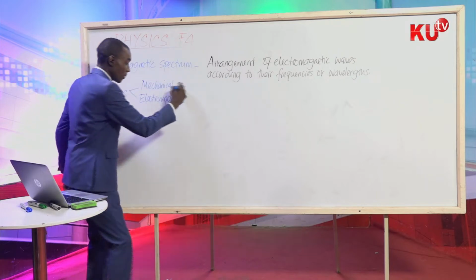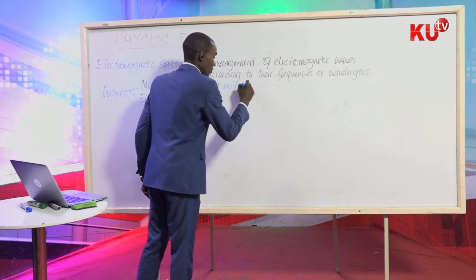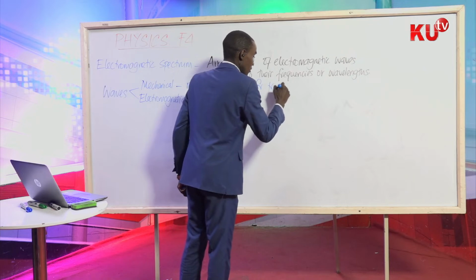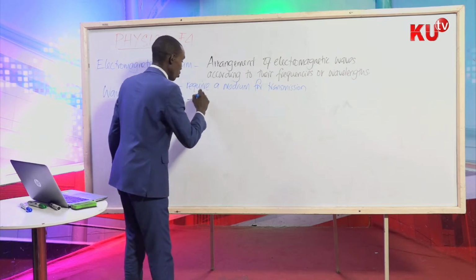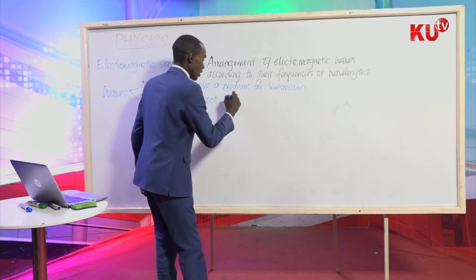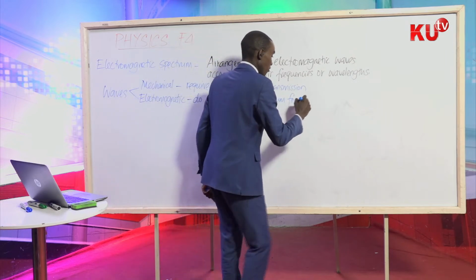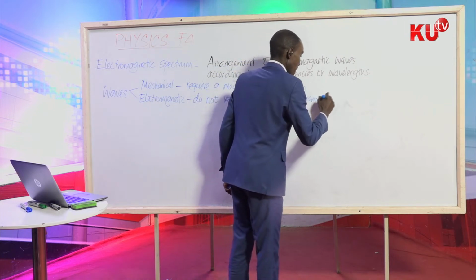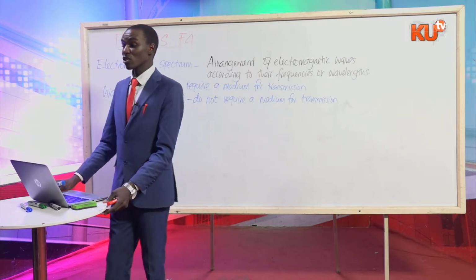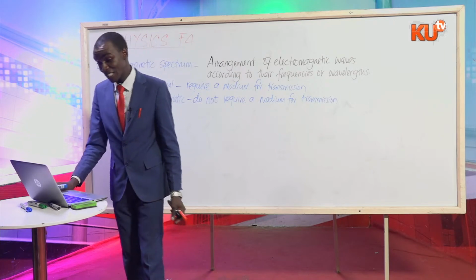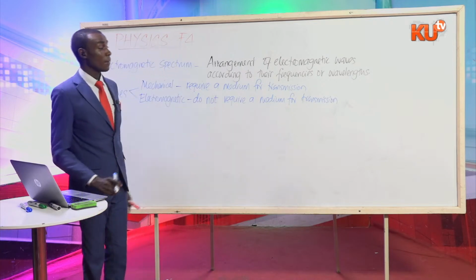Mechanical waves do require a medium for transmission, whereas electromagnetic waves do not require a material medium for transmission. Electromagnetic waves are transverse waves which result from oscillating electric and magnetic fields at right angles to each other, and they do not require material medium for transmission.